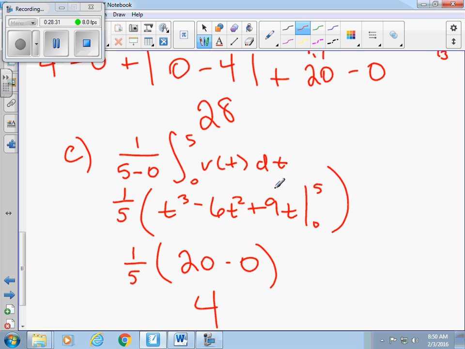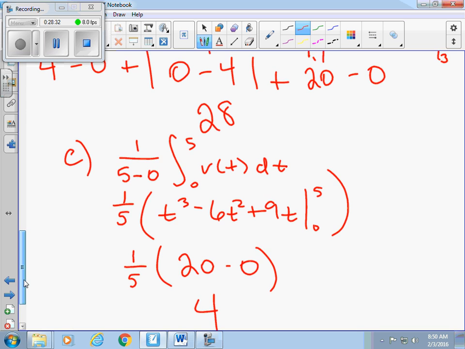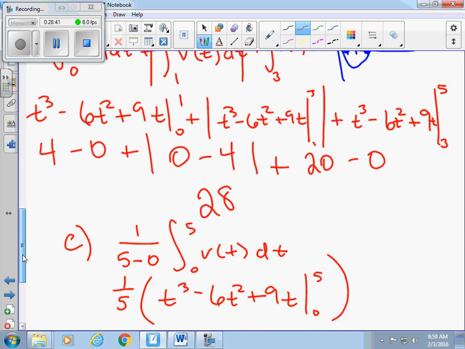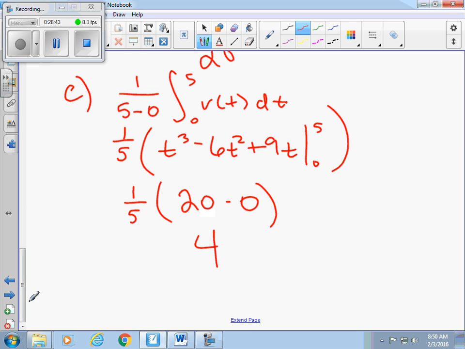You add it, see the 4 and the negative 4 on the real integral would cancel. That was the absolute value to get total distance. We don't have to separate it out for part C, which is nice.